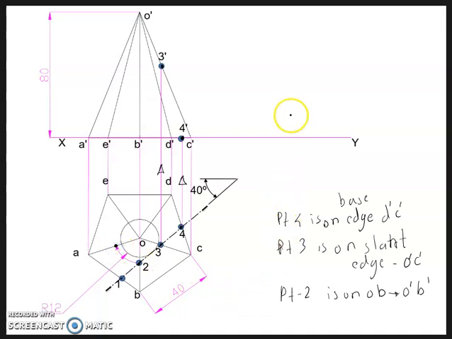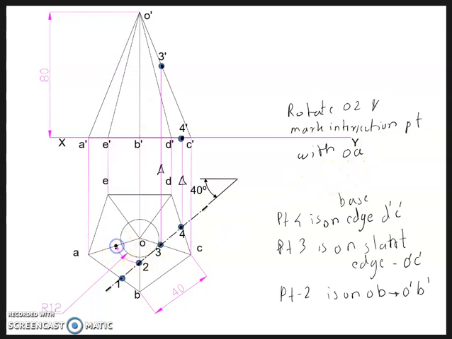So rotate O2 and mark the intersection point with OA. Alright.